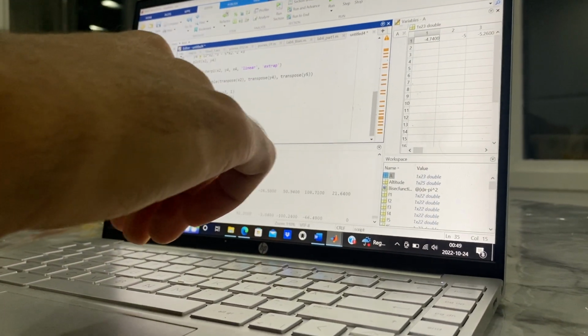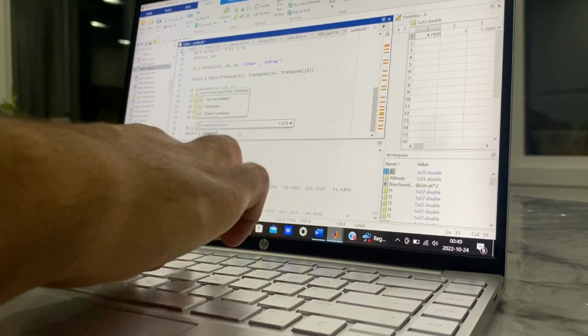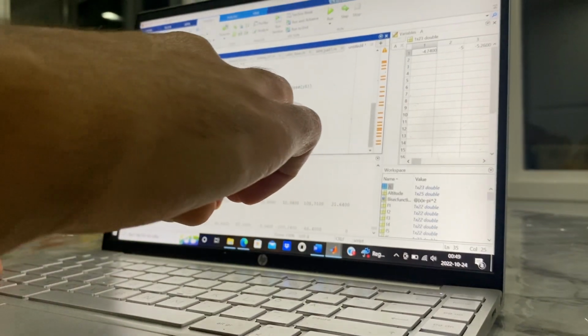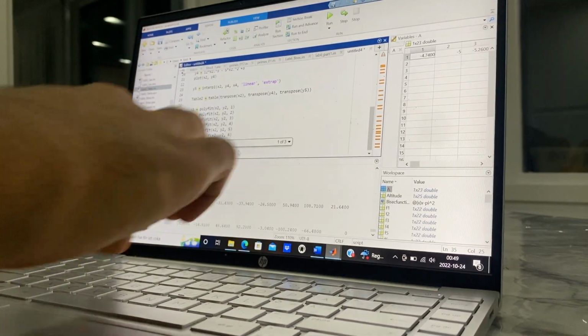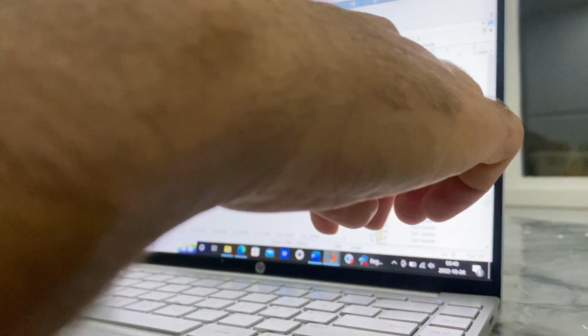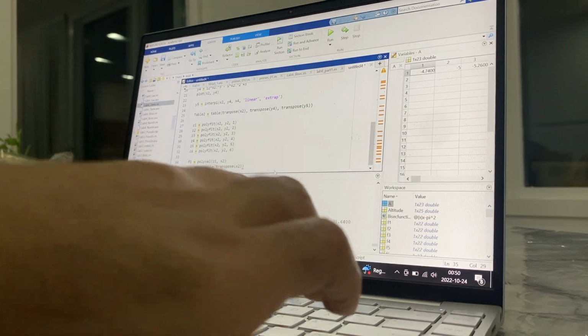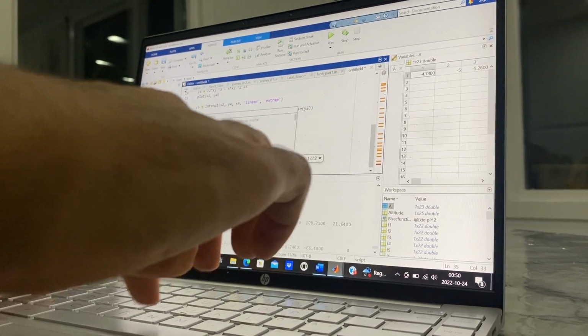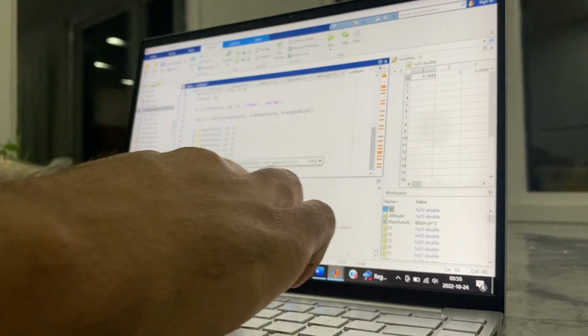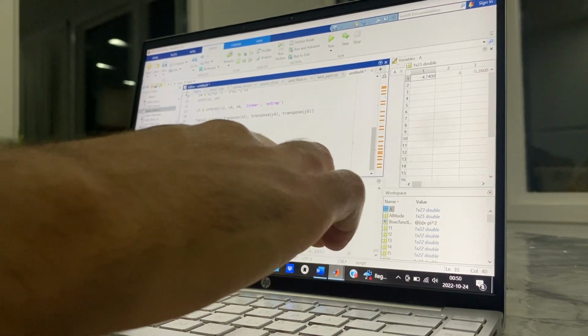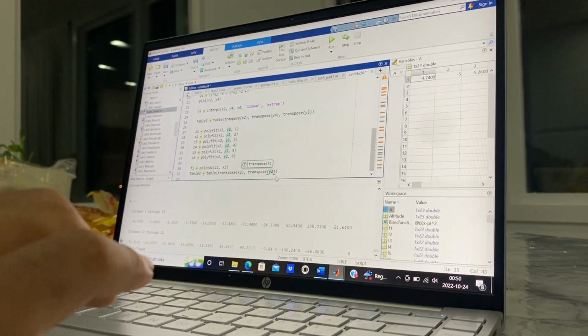Equals table, and in the table I will transpose again the x2, the y2 as the before tables, the x2 here, the y2.